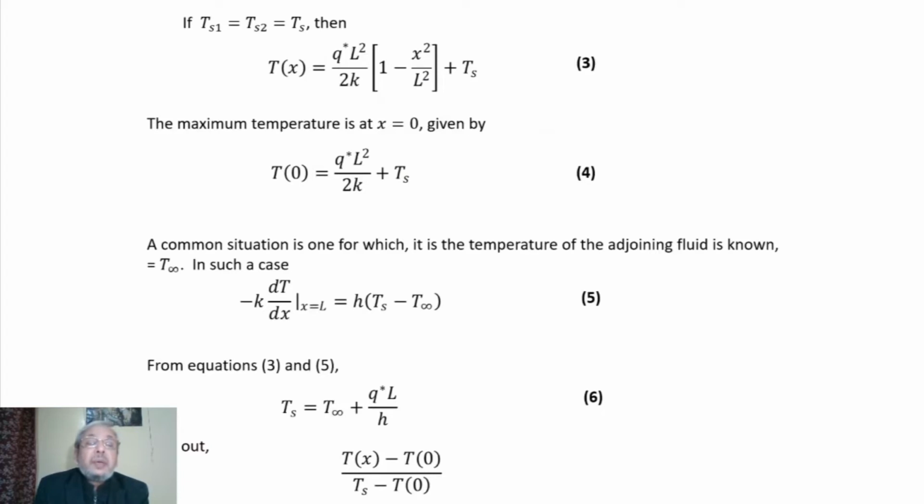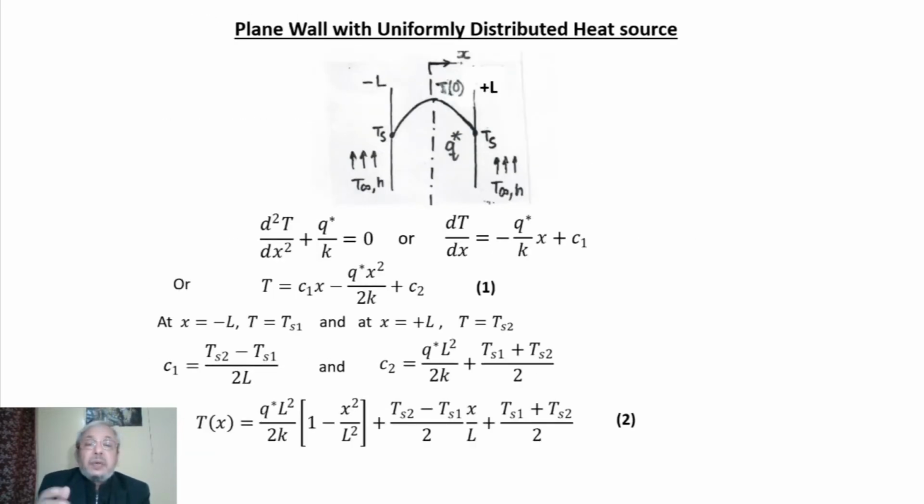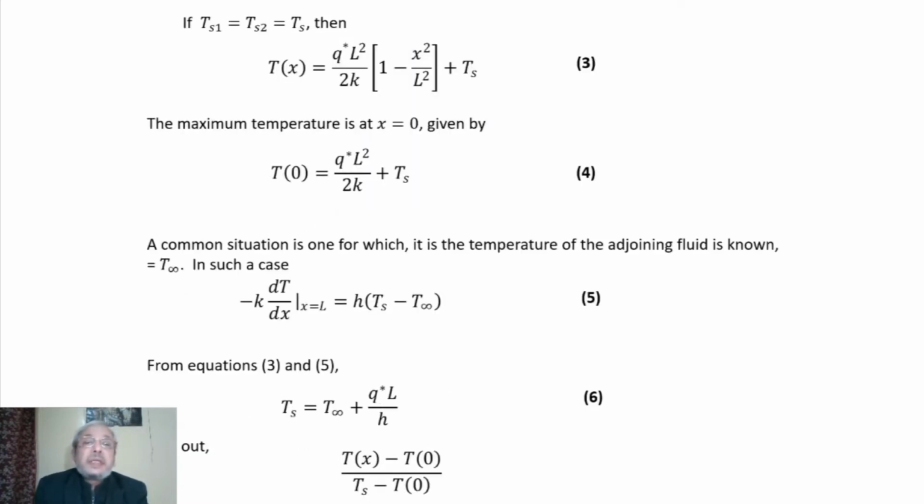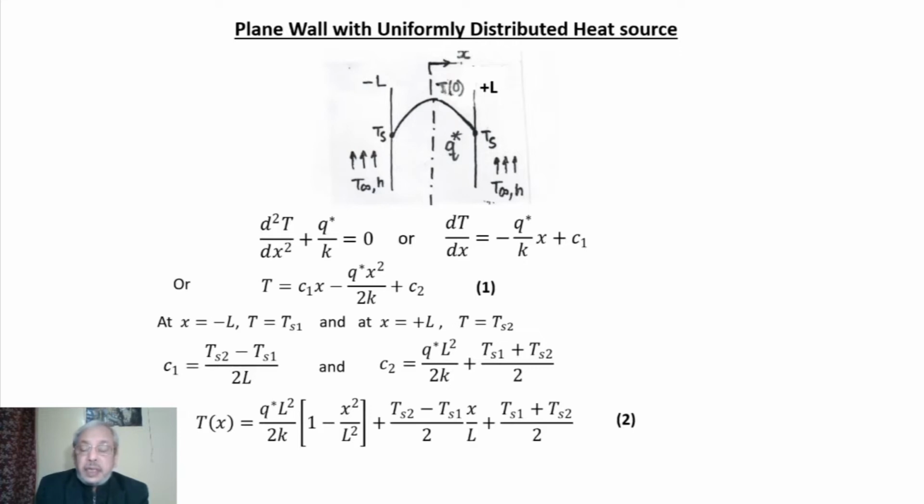Next, we will assume Ts1 and Ts2 are the same, equal to Ts, which our figure also shows. Then the expression for temperature distribution T(x) becomes a little simpler, because the Ts2 minus Ts1 term gets cancelled out, and (Ts1 plus Ts2) by 2 is twice Ts by 2, which is Ts.